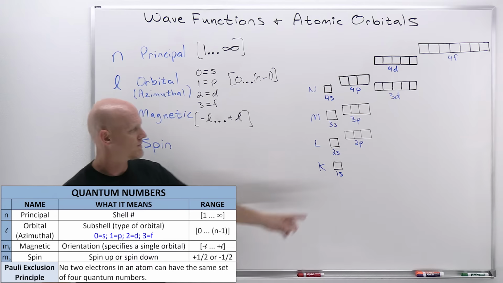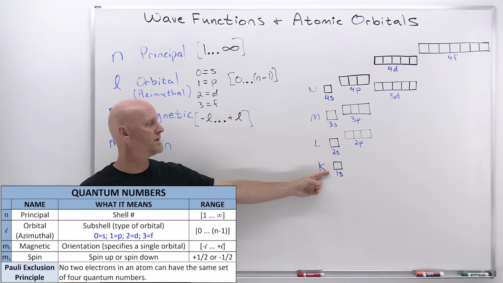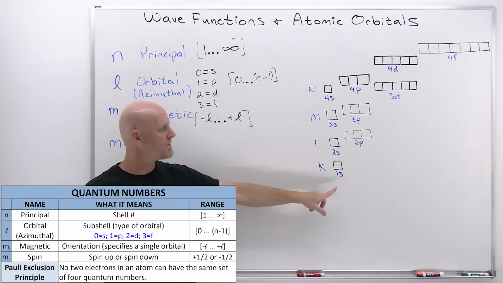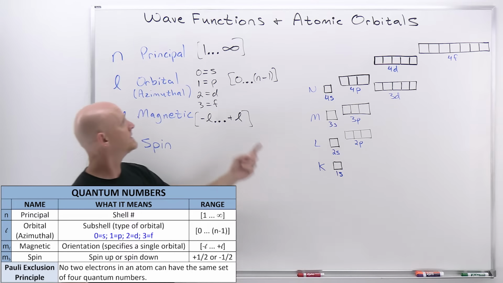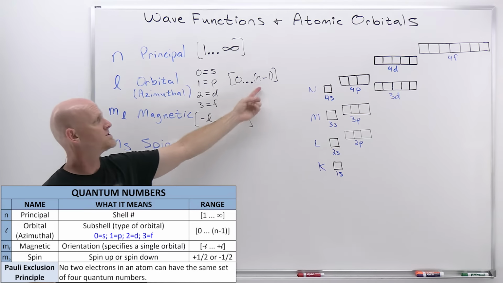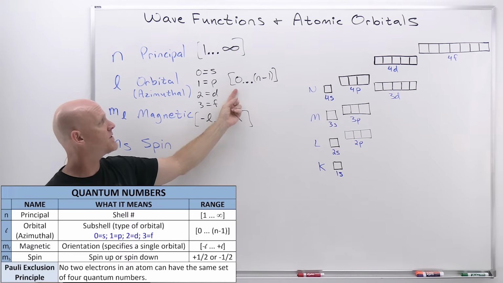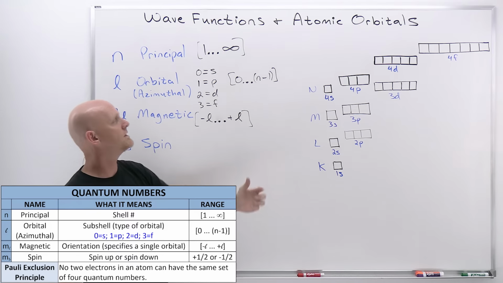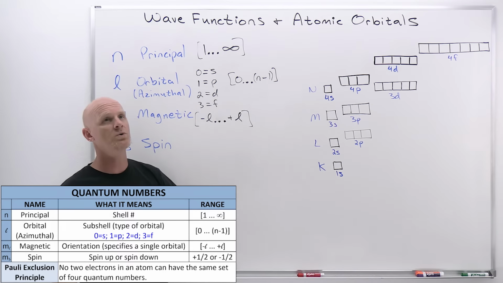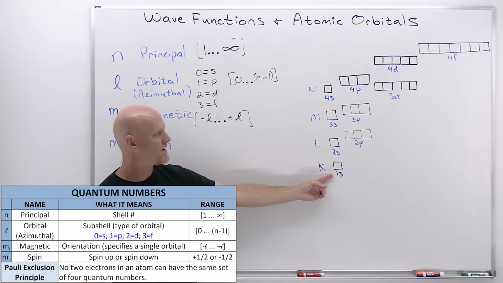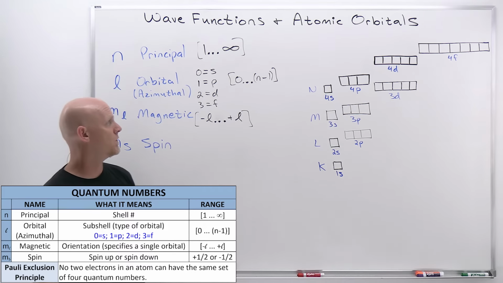So if you look, for the first shell, n equals 1, the only value of L that's possible, i.e. for an s orbital, is 0, which is n minus 1. We can take integer values from 0 all the way up to n minus 1, which in this case would be 0 all the way up to 0, which only includes 0. And that's why in the first shell, all we see is that one s orbital.